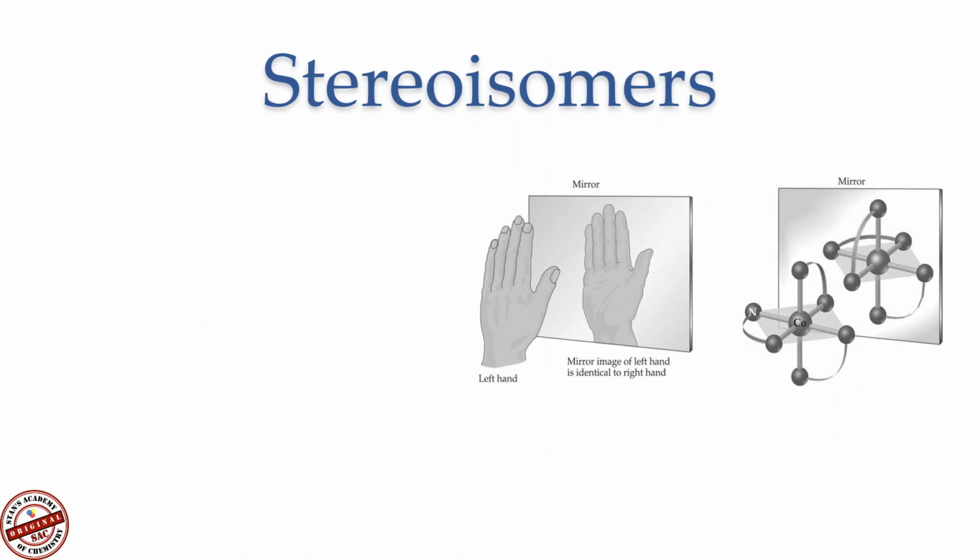Here, stereoisomers with reference to optical activity. That's what we're looking at here. Your hand is chiral, which means your left hand and right hand are mirror images of each other. If you put your left hand on the right hand, they're not superimposable. That's a statement that we tend to use.